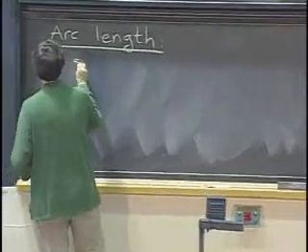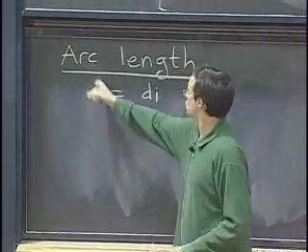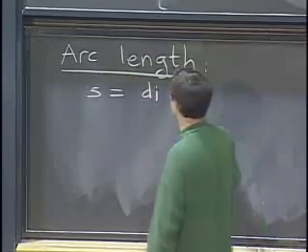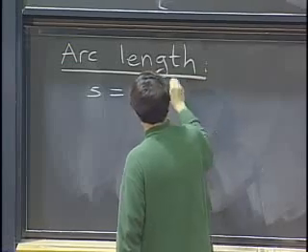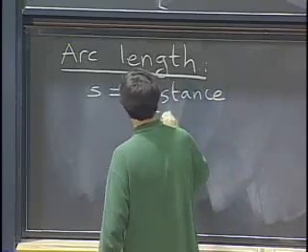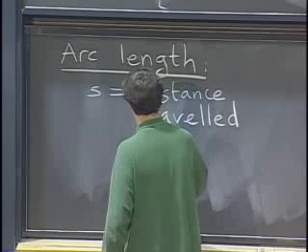So the usual notation that we'll have is S for arc length. I am not quite sure how you get an S out of this, but it's the usual notation. Okay, so S is the distance traveled along the trajectory.